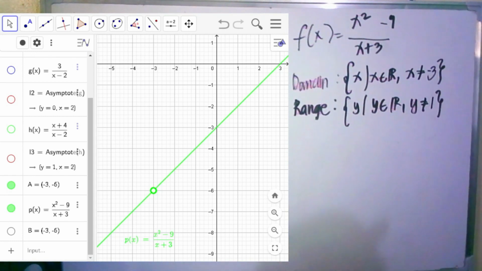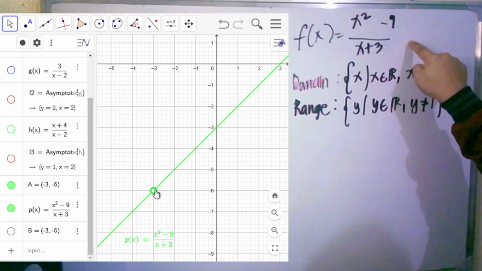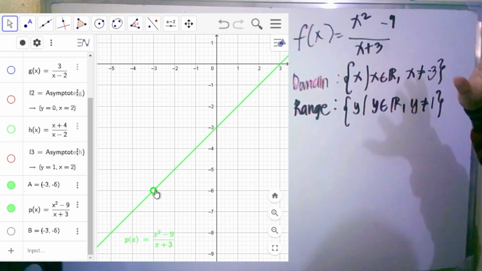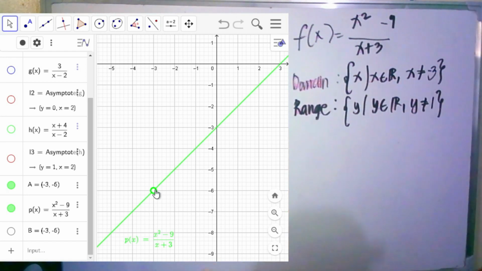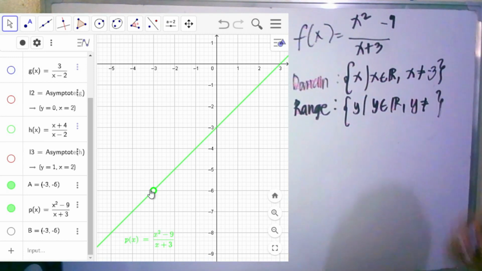That's why we put a hole in that particular part of the graph. So this is different, although algebraically the same as x minus 3, the graph is a little bit different from the simplified form. Meron lang siyang hole dito sa negative 3. So again, the range will exclude negative 6.